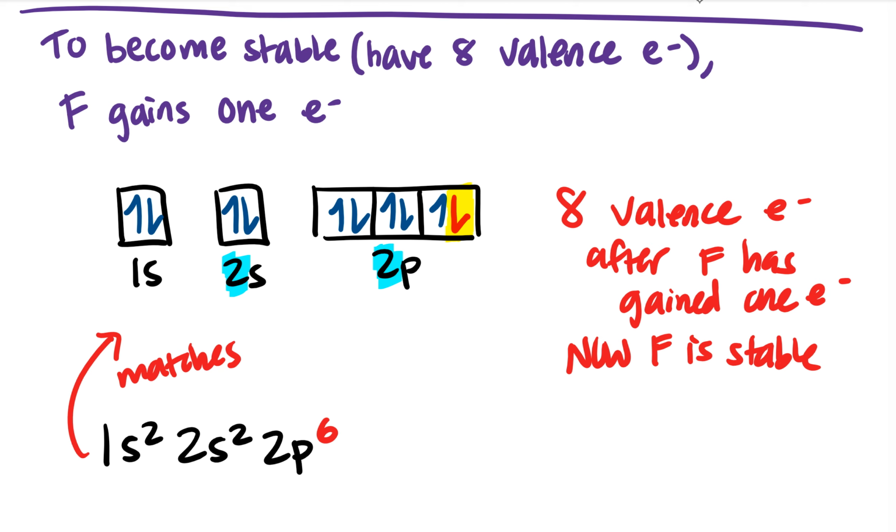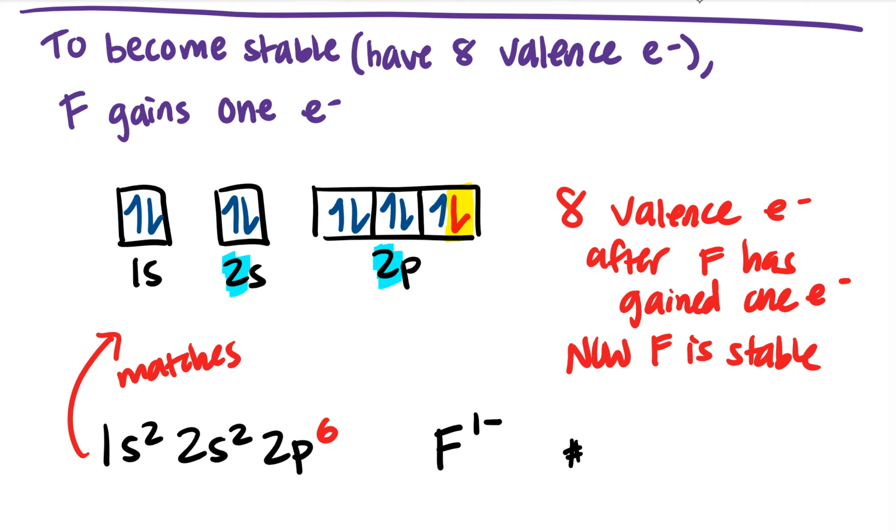But there's something we have to change in terms of the symbol of fluorine. This is not neutral fluorine anymore, guys. Fluorine now has an extra electron. It now has 10 electrons. So the symbol for fluorine is not just F anymore, but it's F 1 minus. That 1 minus tells us it has gained 1 electron. And you can double check yourself.